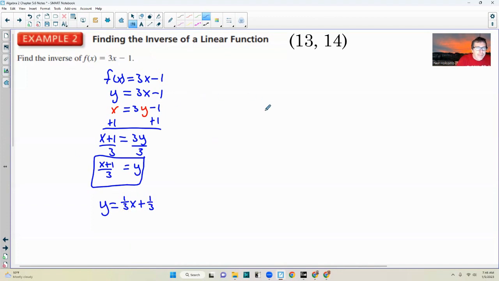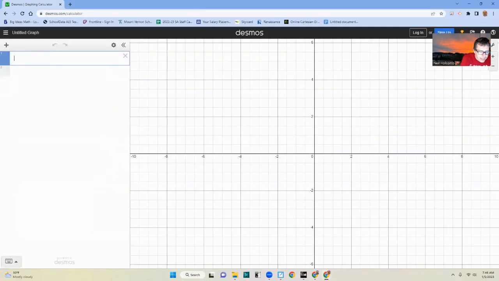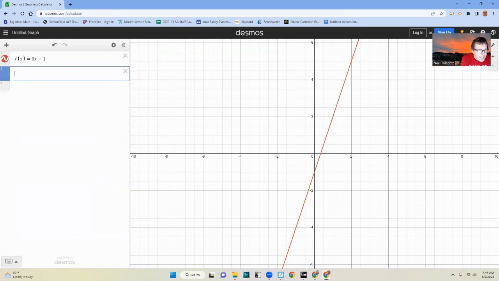So I'm going to graph this for you. So first of all, f of x equals 3x minus 1. So I'm going to go into Desmos. And I'm going to put f of x equals 3x minus 1. So that it was the original function. Then we came up with its inverse, which was g of x, and that equaled x plus 1 divided by 3.